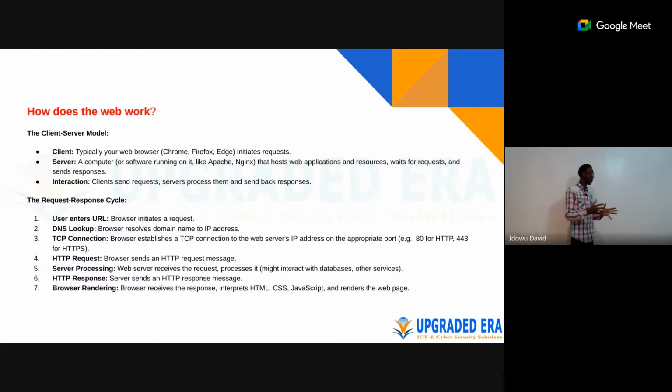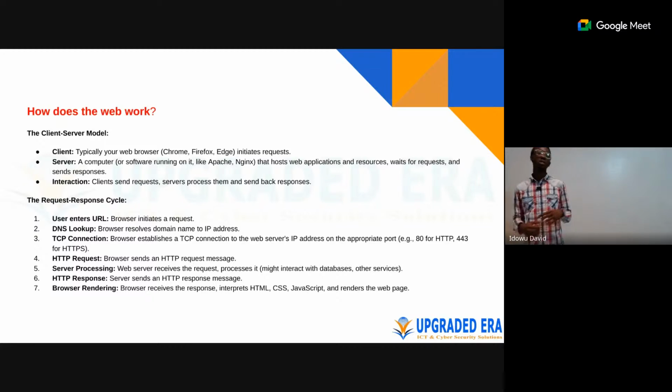So the server is what powers the web application and the resources. Everything that your application has, including its files and the documents it uses for its operation, is hosted on the server. Now, it waits for the requests. Where are they gotten from? From the client that initiates the request from the onset.